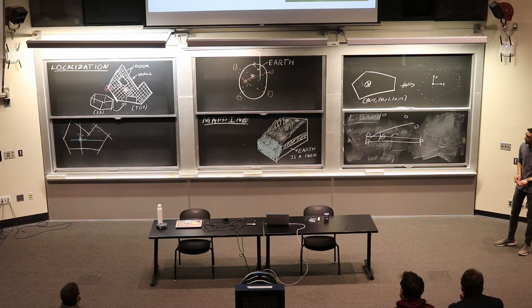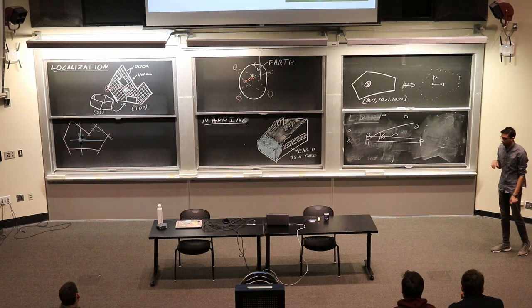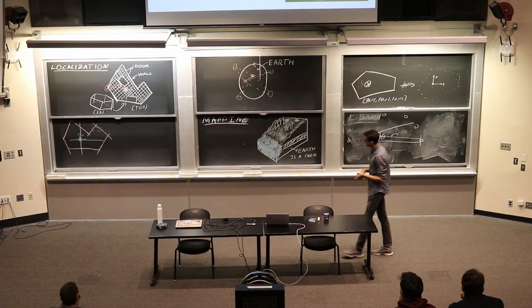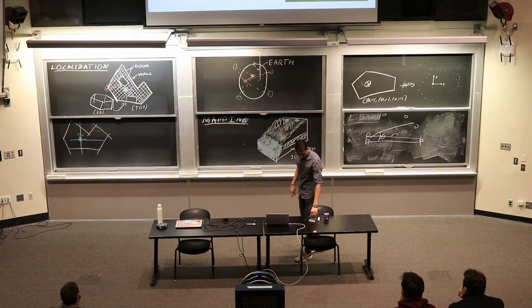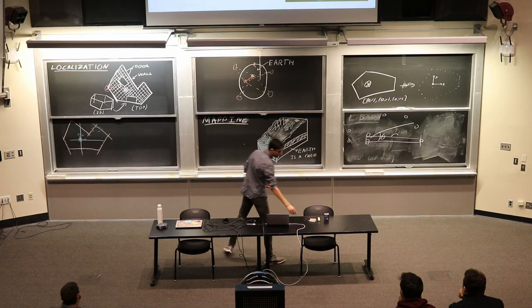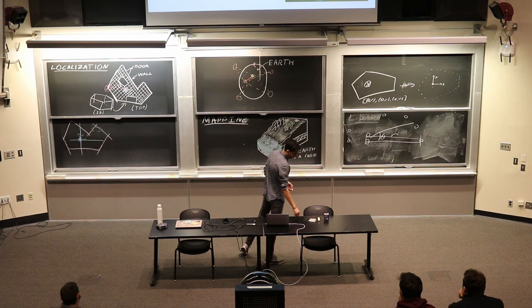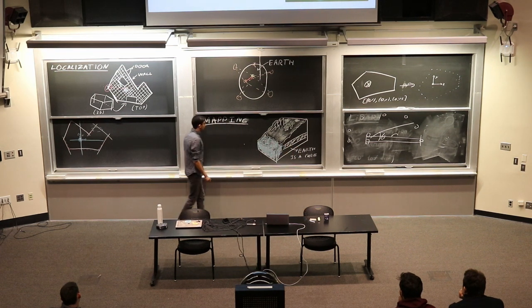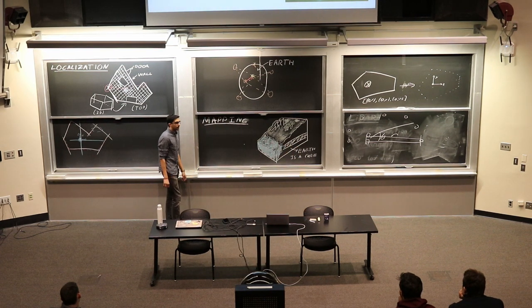So mapping is the art of understanding when you know where you are, but you don't know what your environment looks like. What happens is, let's say this is a section of the Earth. In this case, it's a cube. What color do I want to use? Purple. I'm going to use purple. Let's talk about drone mapping.